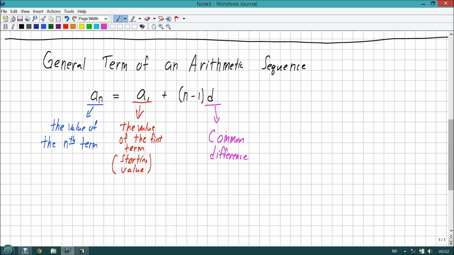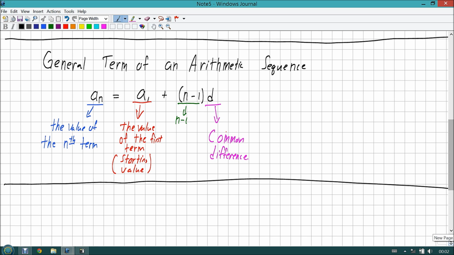Like the 49th and the 50th term will always have the same difference as, say, the 500th and the 501st term. And that leaves just this n minus 1 portion. So if you're looking at the fifth term, you go 5 minus 1. That is how we find each individual term's value.